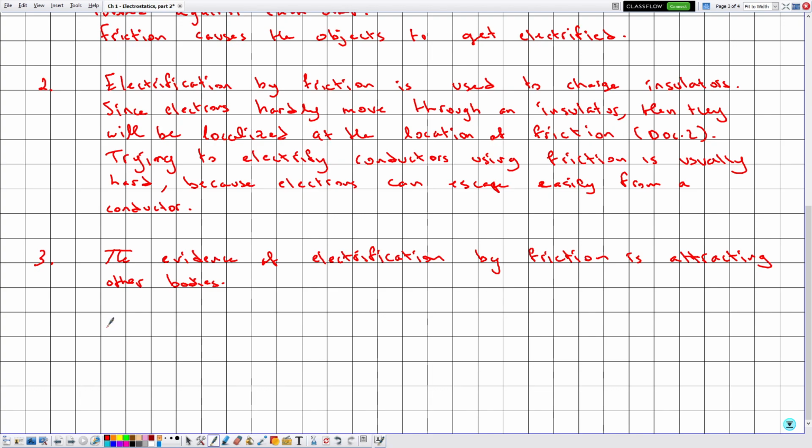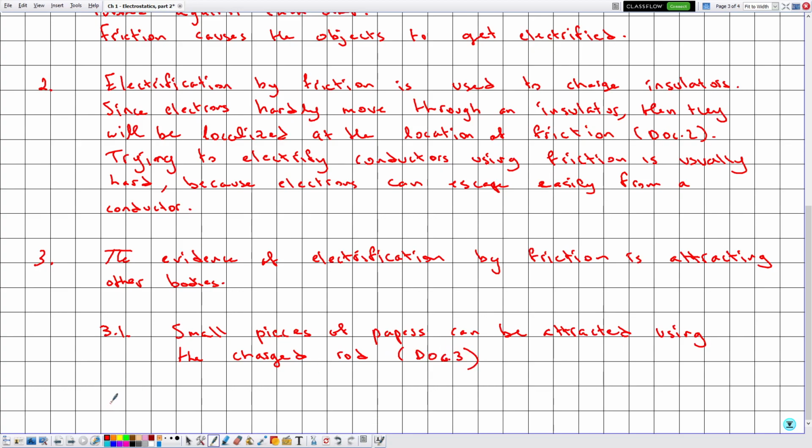Then 3.1, small pieces of paper can be attracted using the charged rod, and this is what is represented in document 3.